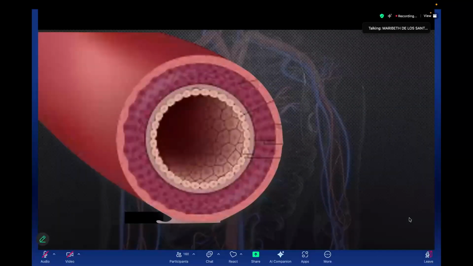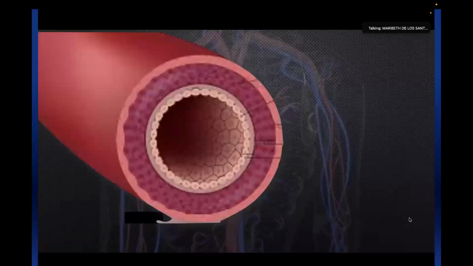All right, let me just describe the different layers of the aorta.